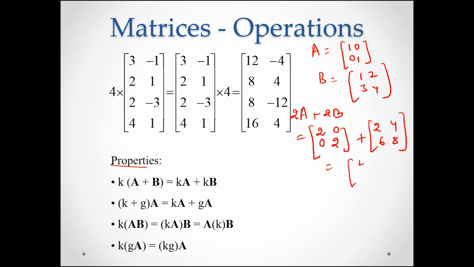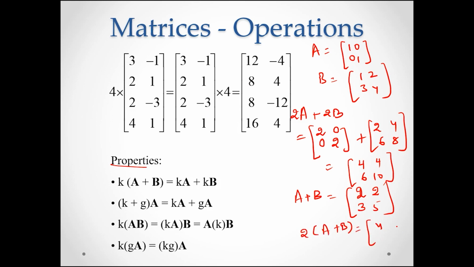Then we are going to get 4, 4, 6, 10. If I have A plus B, then this will be 1 plus 1 will be 2, 2, 3, and 5. If I multiply 2 with A plus B, this will be 4, 4, 6, and 10. So as you can see, the results are the same, right? So this is the first property that we have proven.